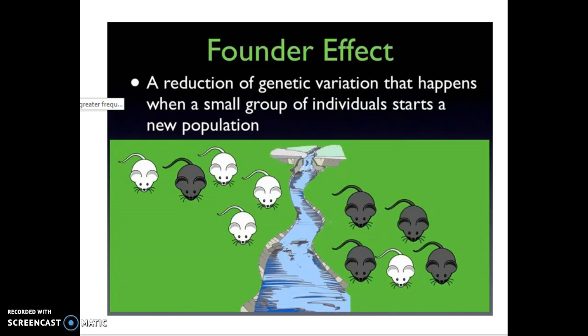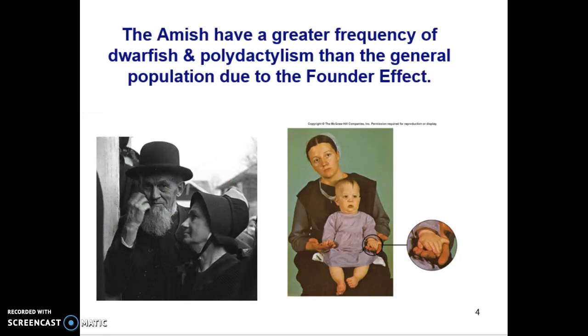In humans, a curious scenario is going on with the Amish. So the Amish have a greater frequency of dwarfism and polydactylism, which means 6 digits, 6 fingers or 6 toes. They are completely human, they're human beings, but the gene frequencies for these 2 traits are significantly greater in the Amish because they have created the founder effect.